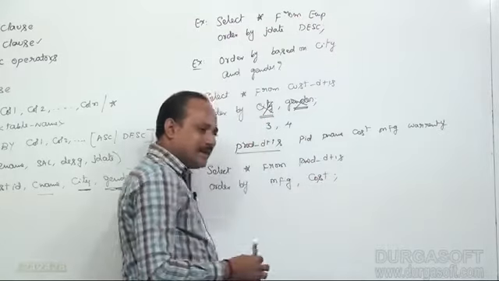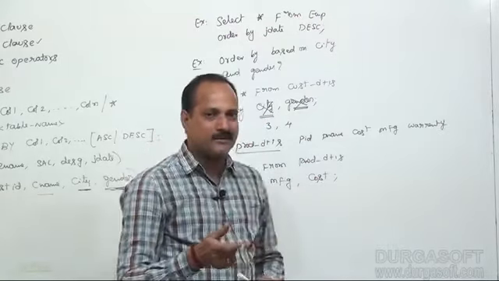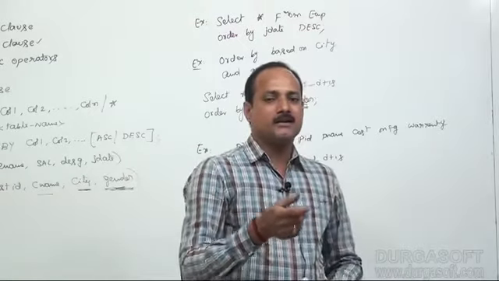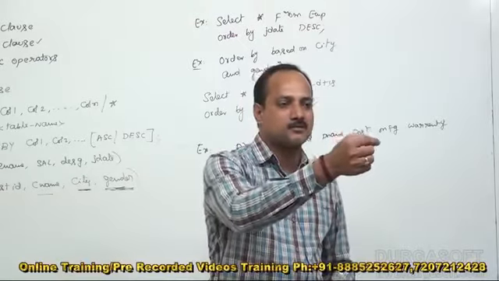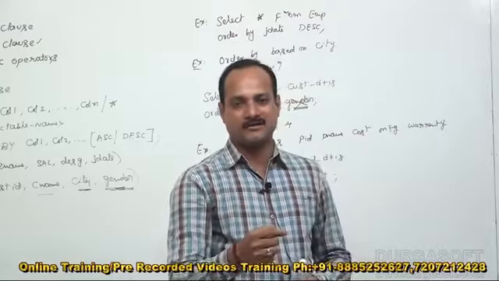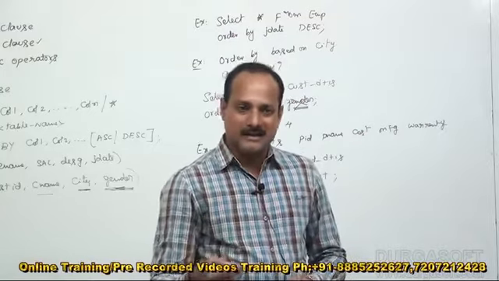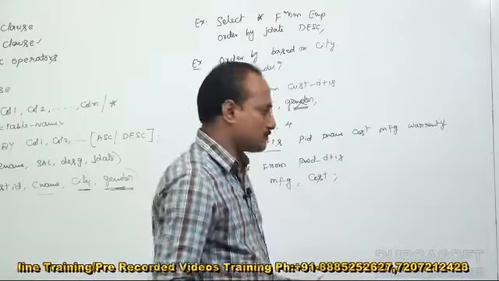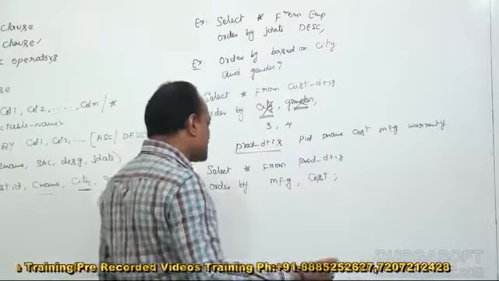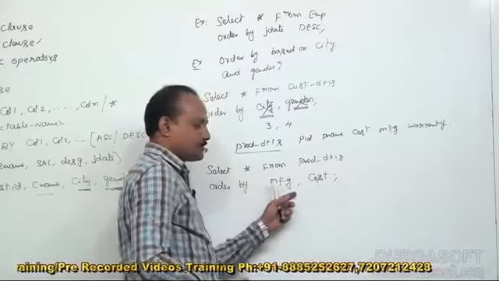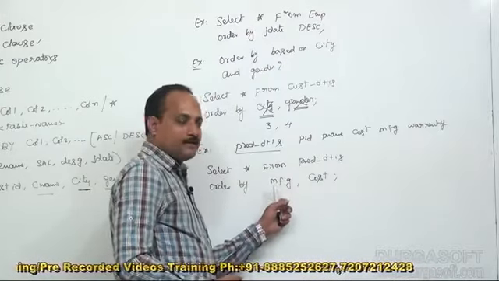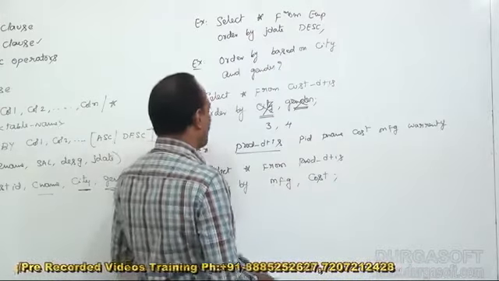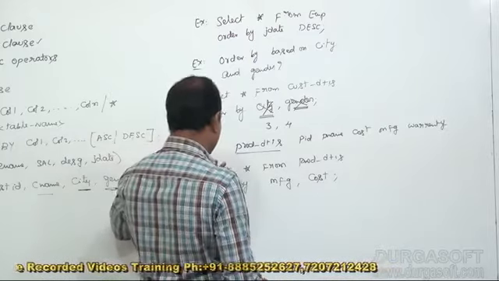Means on one day, if you consider one date value, it will display the least cost product to the highest cost product. Next go for the second day, least cost product to highest cost product. On the third day, least cost product to highest cost product. In this way you can apply order by clause on multiple columns.